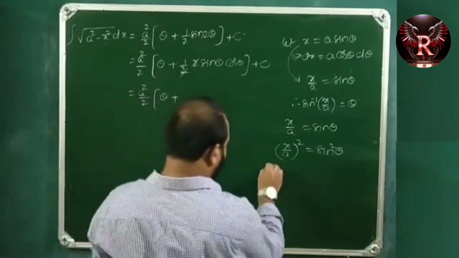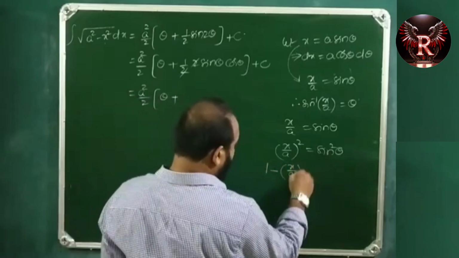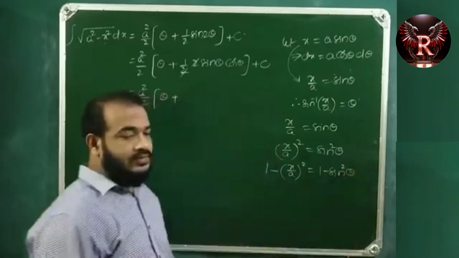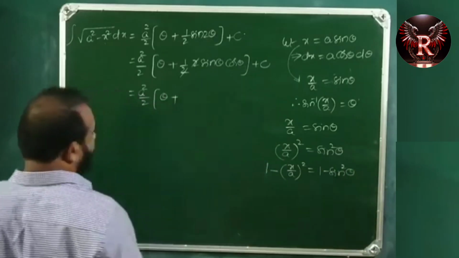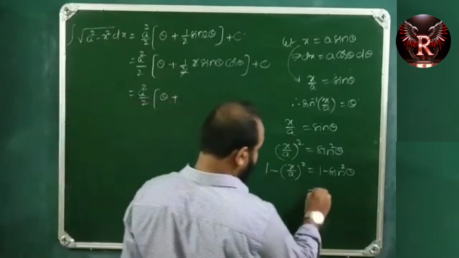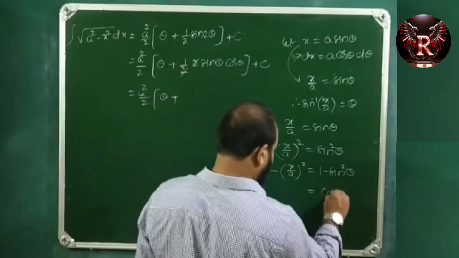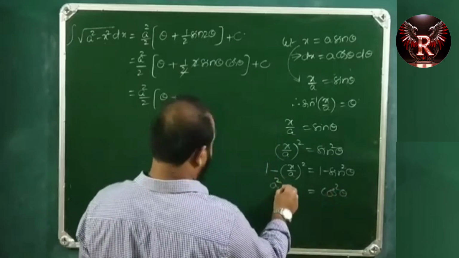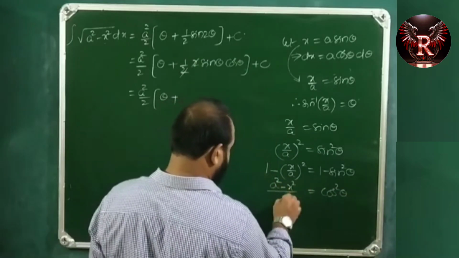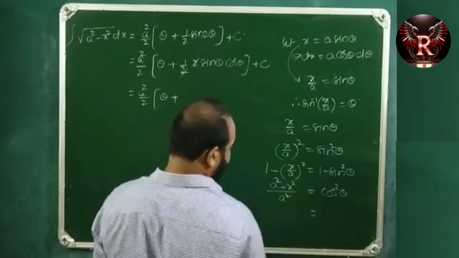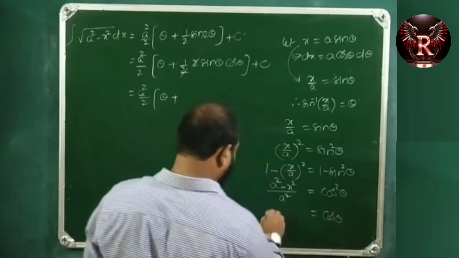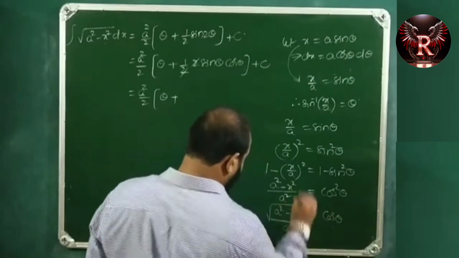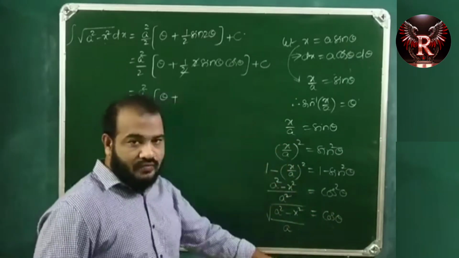So 1 minus x by a whole square is equal to 1 minus sin square theta. 1 minus sin square theta is cos square theta, which is equal to a square minus x square by a square. Therefore, cos theta is equal to square root of a square minus x square by root a square, which is a. So this is what we have got.